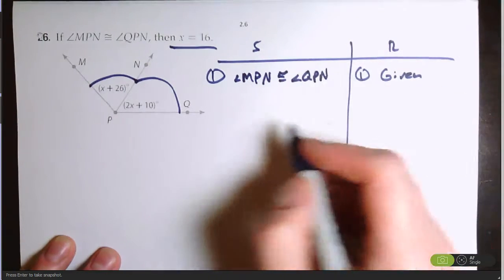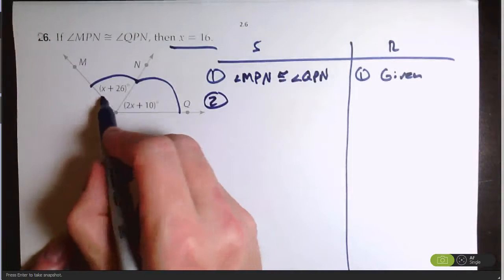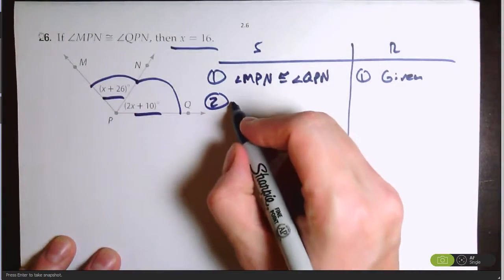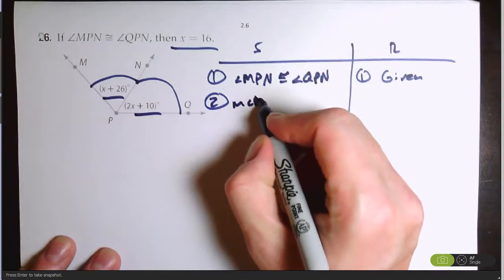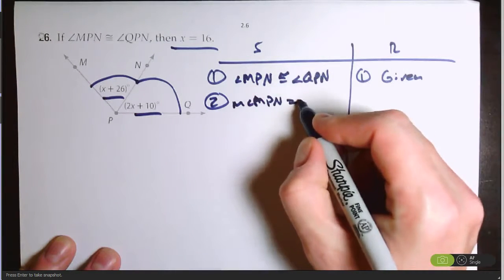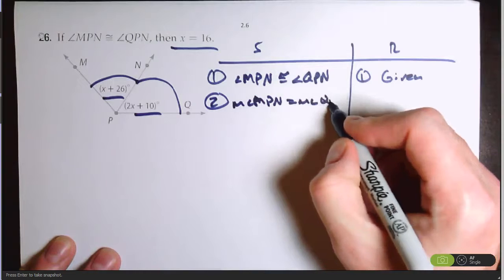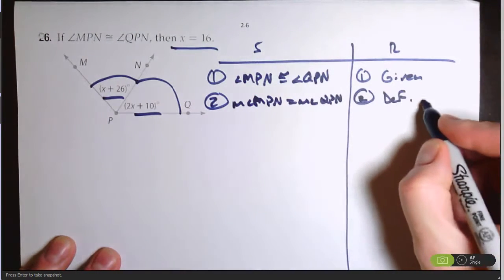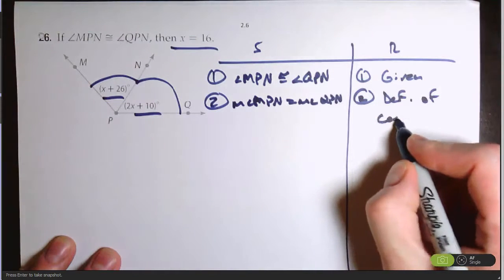Now, if I want to replace what they're equal to, I have to actually say it. So the measure of angle MPN is equal to the measure of angle QPN by definition of congruent.